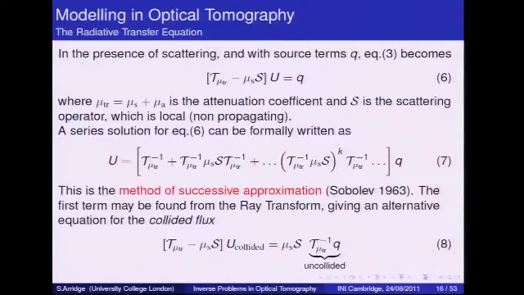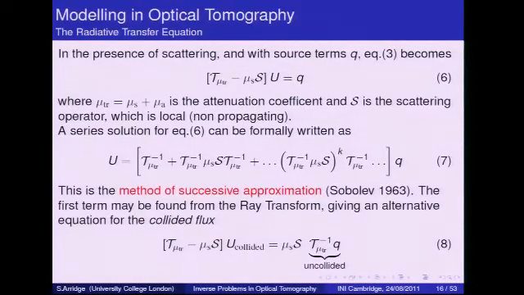When we involve scattering, we have this extra term which involves the local scattering operator. Now the attenuation along the ray is affected by both absorption and scattering, because light is removed from the ray direction both by absorption and by scattering into other directions. This is how the RTE can be written in operator form.